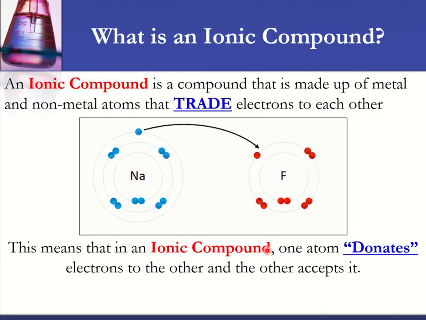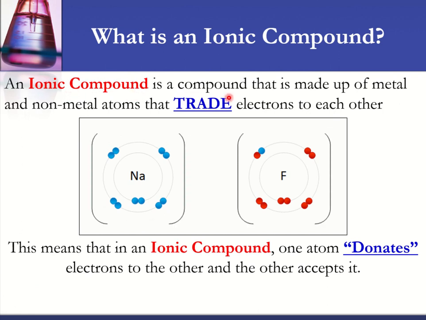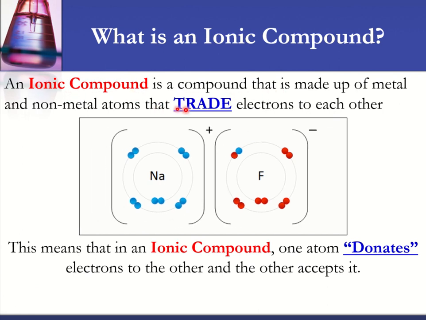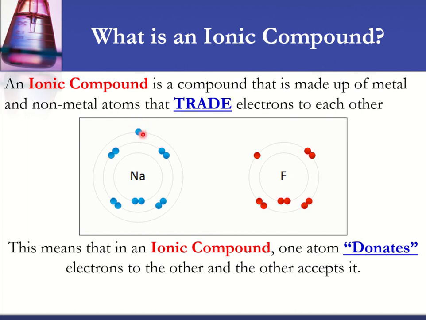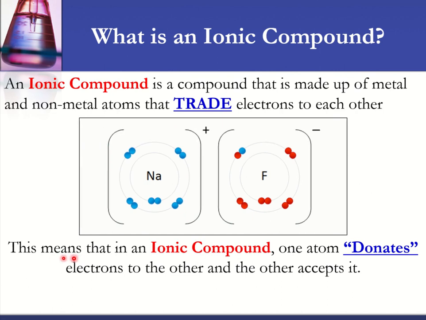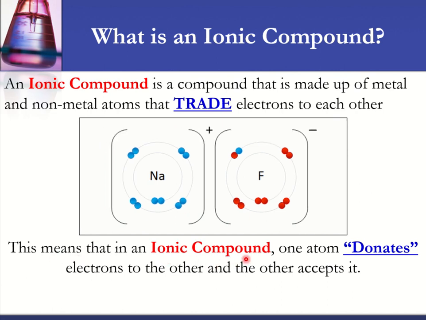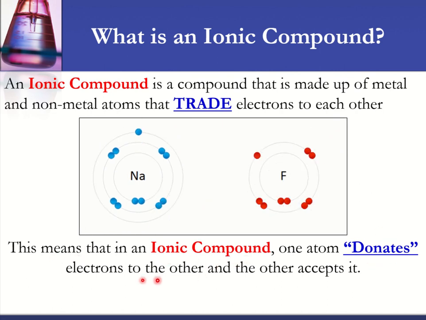Alright, so something that's slightly different, if you recall, ionic compounds. This occurs when there is a trading of valence electrons. So you can see in this animation here, the sodium gives its electron to fluorine to obtain a full outer shell. So in ionic compounds, we are donating electrons from one ion to another, or from one atom to another atom.